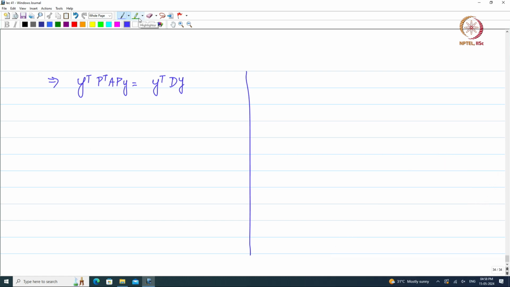What have we seen? We have the quadratic form which is just in terms of the diagonal matrix. So, I am going to define a new thing which is called the principal axis theorem, which says that let A be a real symmetric matrix.